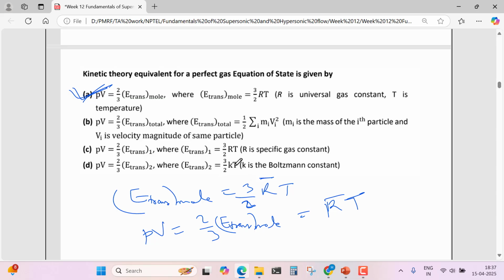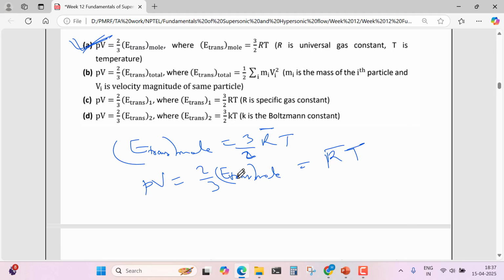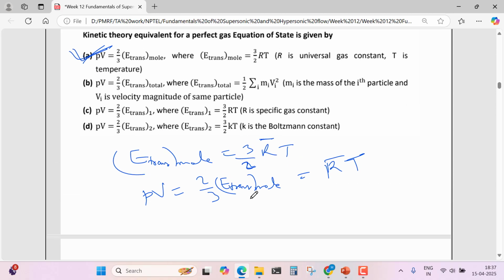Option B says PV equal to 2 by 3 E translational total. Now if we see the E translational total, translational energy will be the sum of the total kinetic energy of the particles. So this part was already correct.